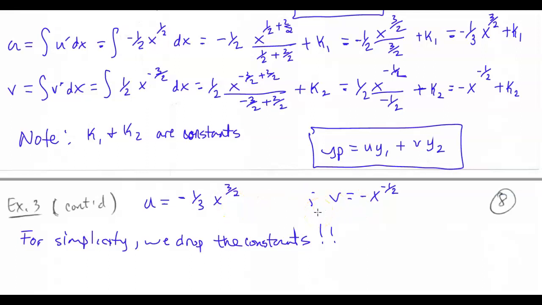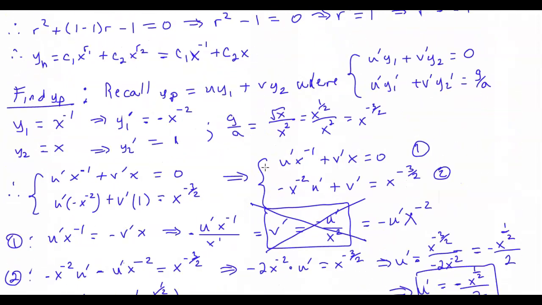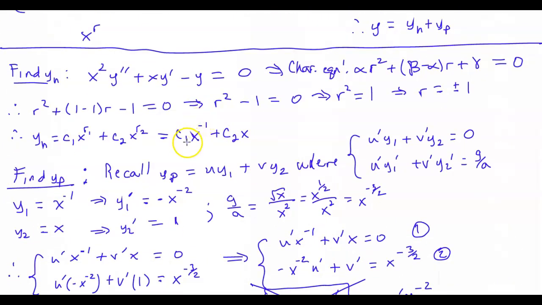Another reason why we're dropping those constants, and I mentioned this again in the part 1 video, is that if I had kept them, then in my final answer, the K1 and the K2 that you see here actually correspond all the way back to my C1 and C2 for my homogeneous solutions. And so I don't need to write that since I've already found what my homogeneous solutions are.